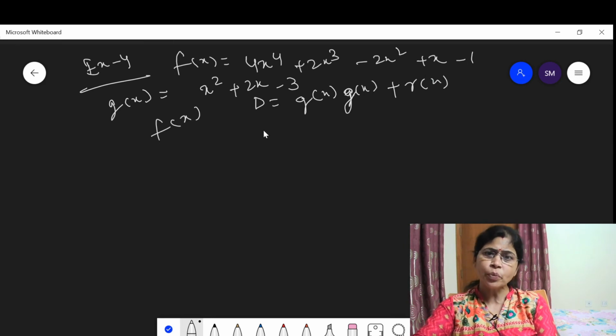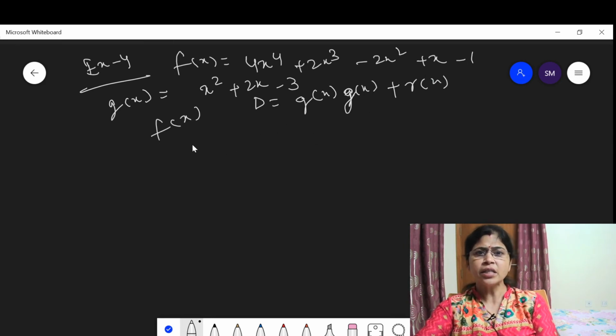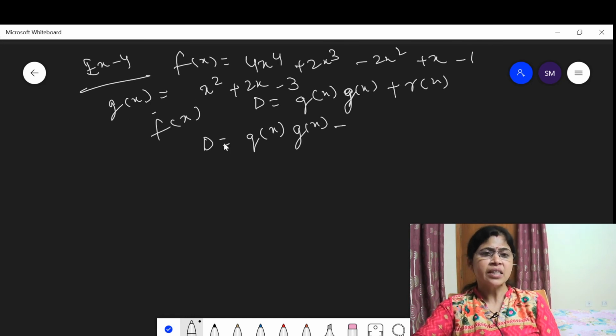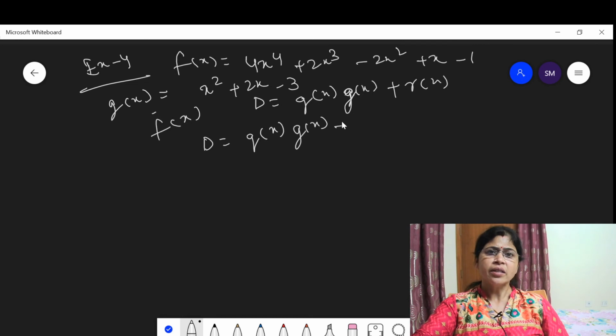What should be added so that F(x) will be completely divisible by G(x)? This means take this as plus minus of minus R(x).